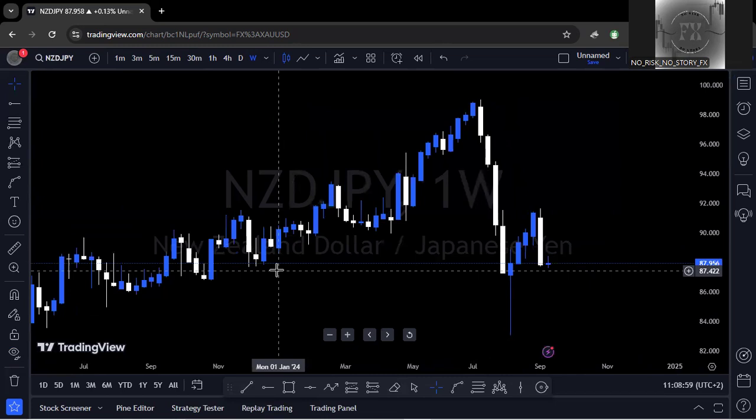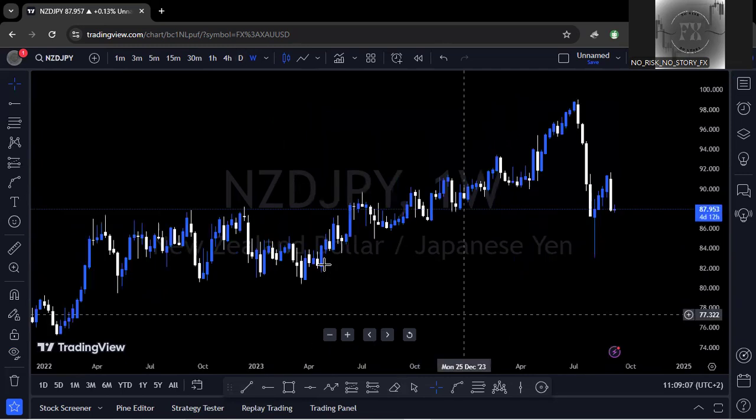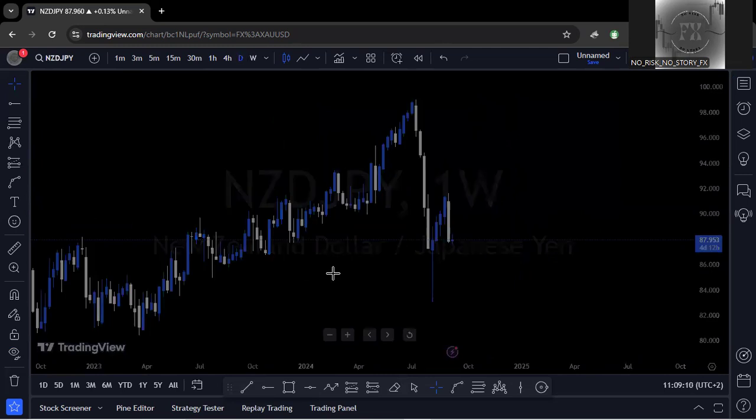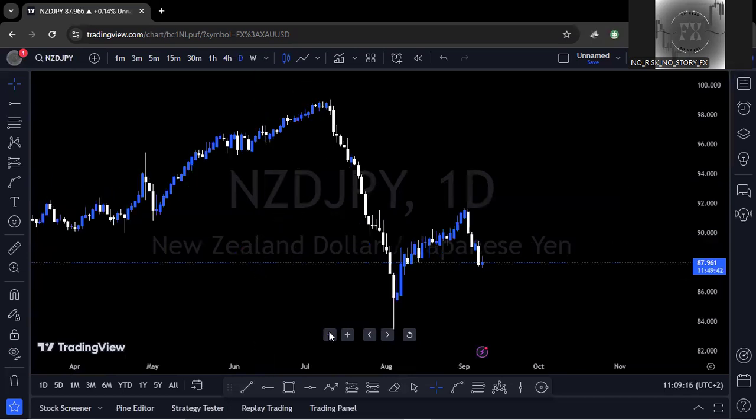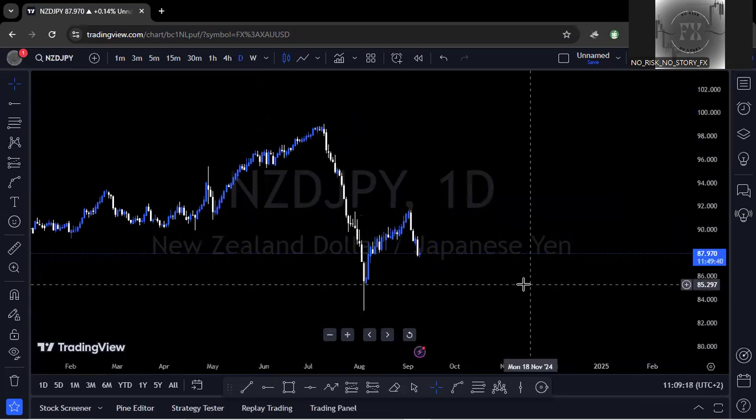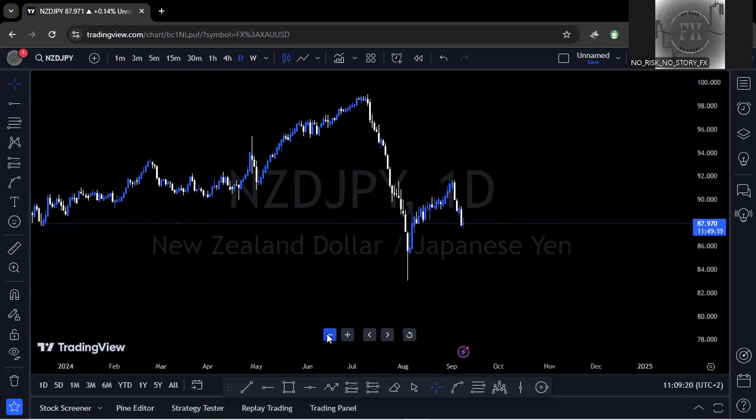So what we expect on GBPJPY, we can also expect on NZDJPY. So first thing first, let me go to my daily time frame. I've just looked at my weekly, and let me go to my daily time frame to see what's happening here.